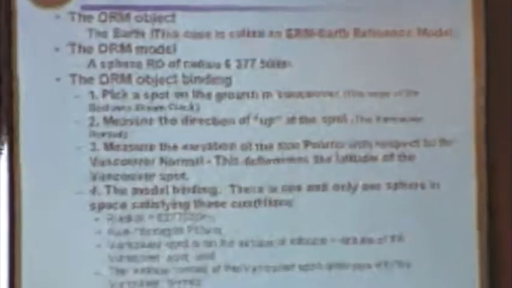We're going to create, or at least give you a recipe for creating, the Vancouver 2002 object reference model. And it's going to be a model of the Earth, and that actually has a special case. It's called the ERM. Instead of an object reference model, it's an Earth reference model. But this is a generalized recipe, so I'll just keep ORM here.